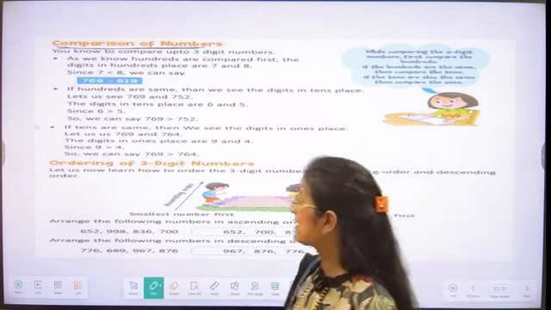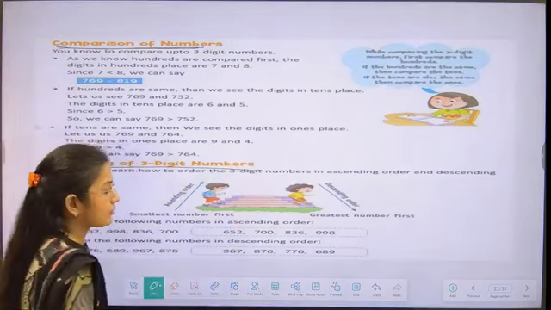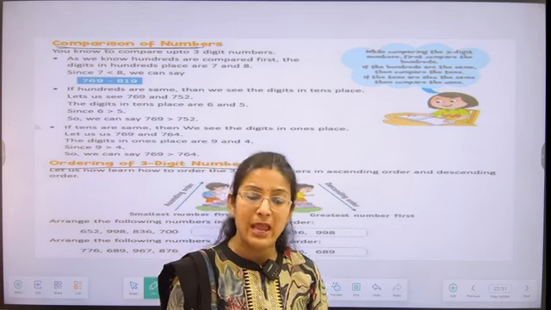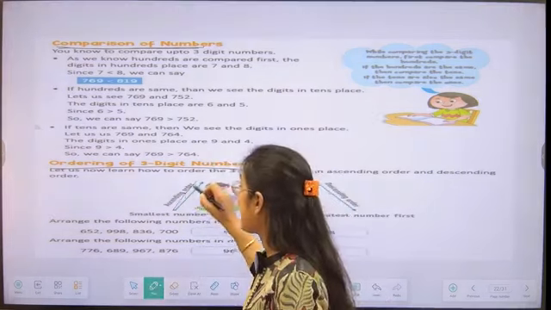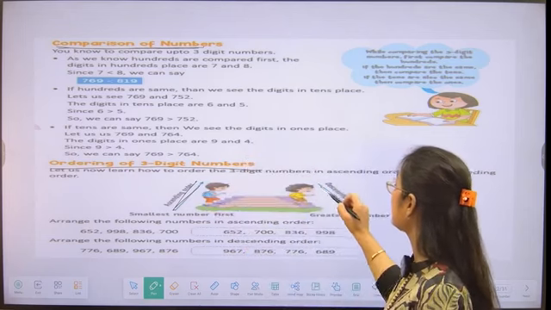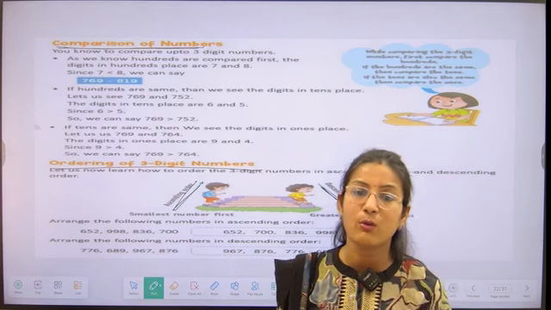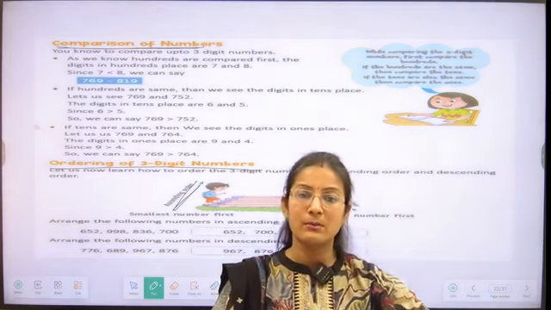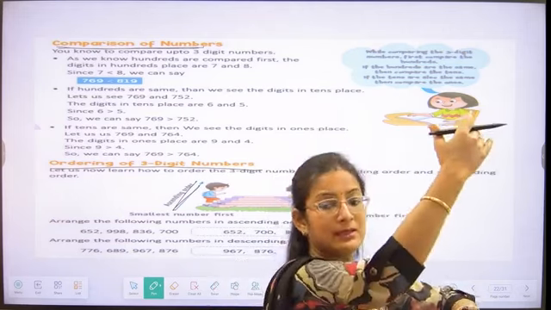Now moving to the next concept, how we can order three-digit numbers, students. For ordering three-digit numbers, we can write the numbers either in ascending order or in descending order. For ascending order, we write the smaller number first, then bigger, then biggest.